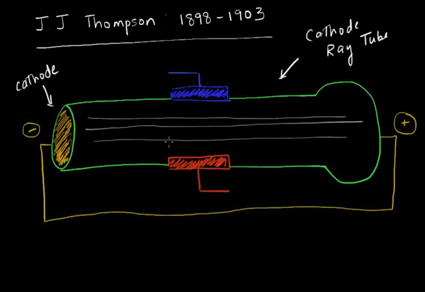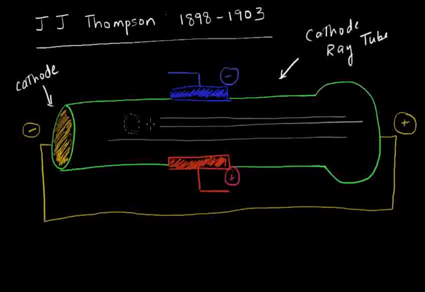What Thompson did was the following. He added these plates to the middle of his tube. The plate on top was given a negative charge, while the plate on the bottom was given a positive charge. And then he reran an electric current through the tube to generate these rays. And what he found was actually very interesting.